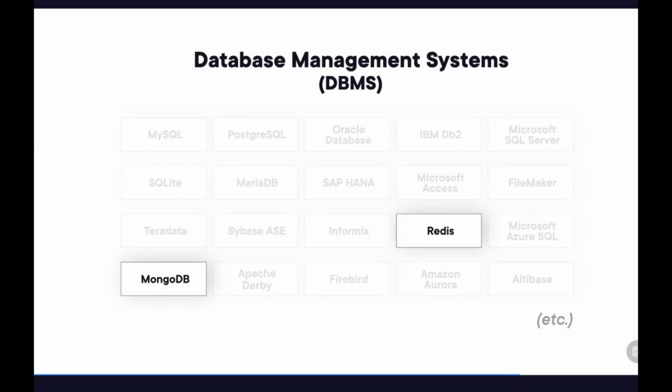Okay, there are a few database management systems that don't use SQL. For example, Redis and MongoDB, these are two popular database products that intentionally took a different approach for managing data than that typical relational database approach.